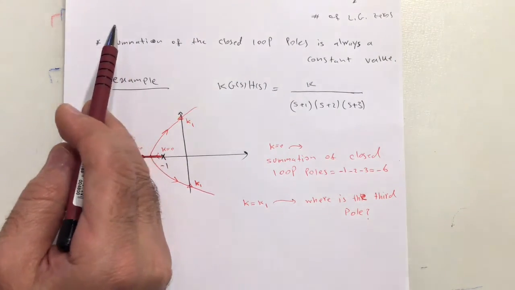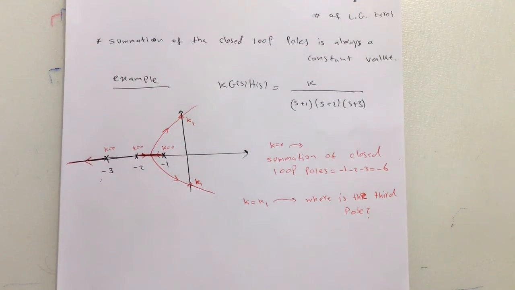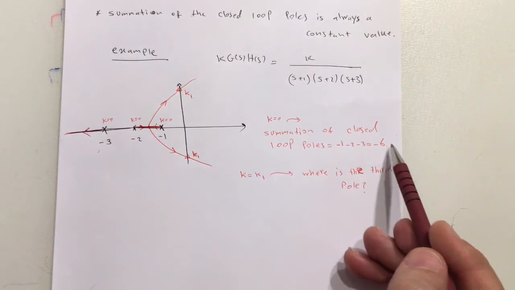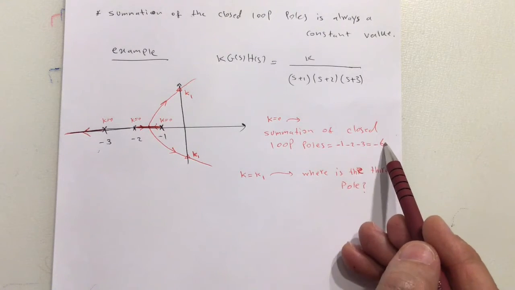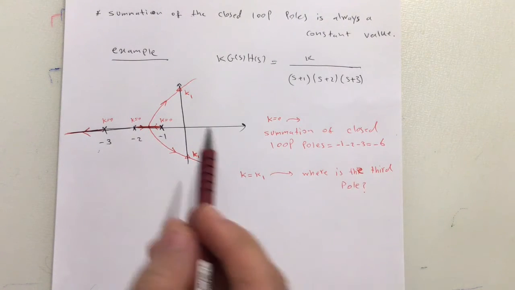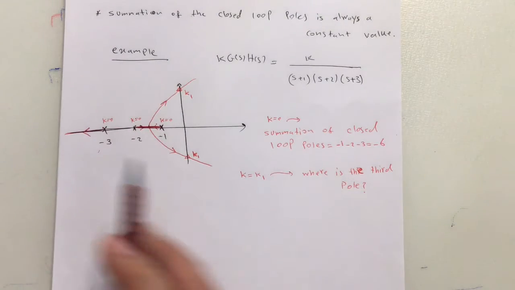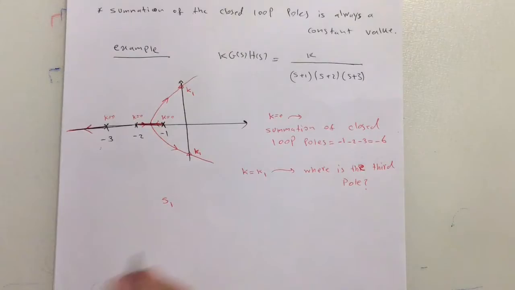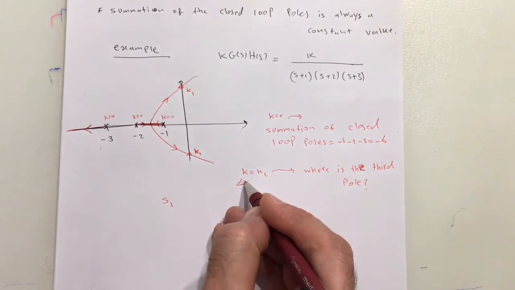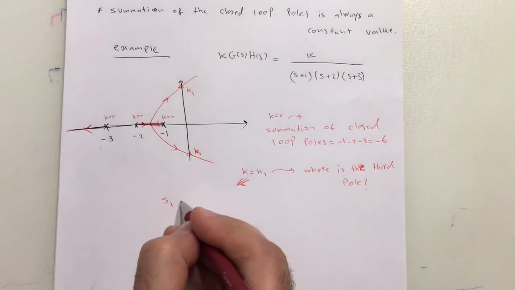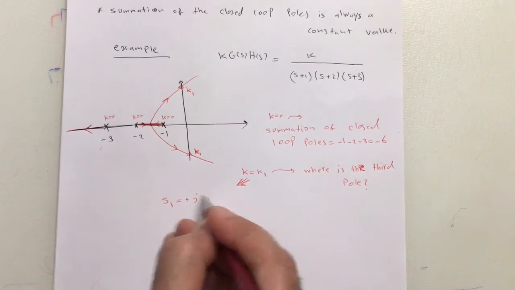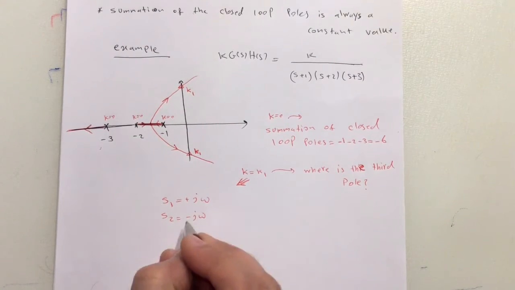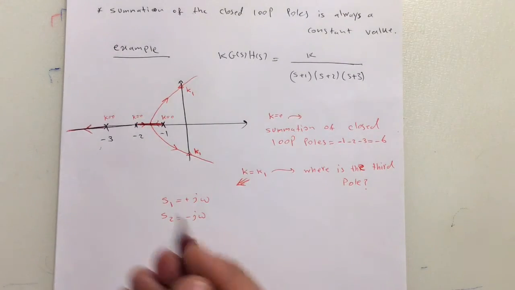Now this rule helps for finding the location of the third pole, because we know that the summation of the poles should remain -6. So if we have two poles here, for k equal to k1, one of the poles, S1, is plus j omega, S2 is minus j omega. We don't know what omega is, but some omega.